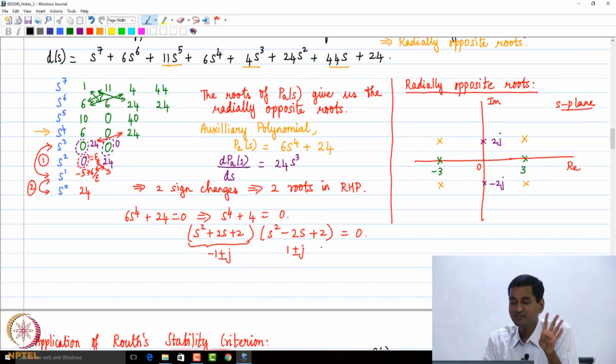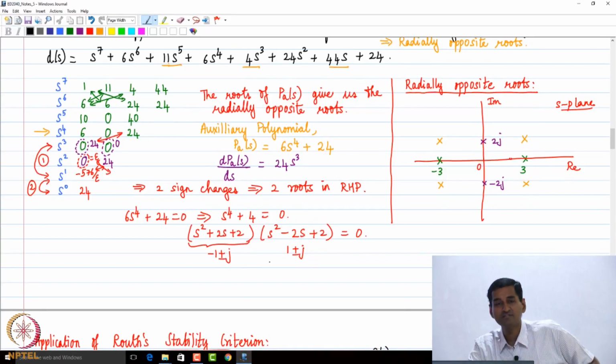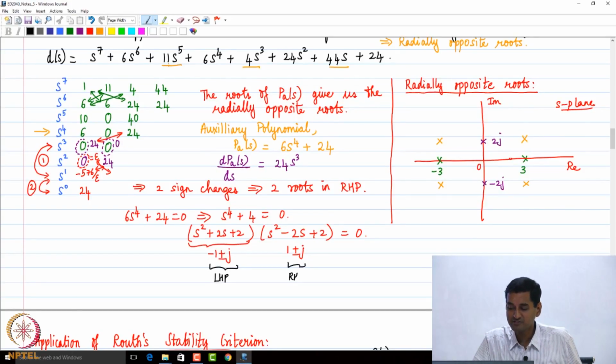Here we can see that these are 1 plus or minus j and minus 1 plus or minus j. So this is in the LHP, this is in the RHP. So there are 2 roots in the right half plane and 2 roots in the left half plane for the auxiliary polynomial.